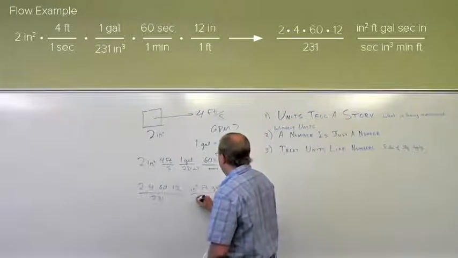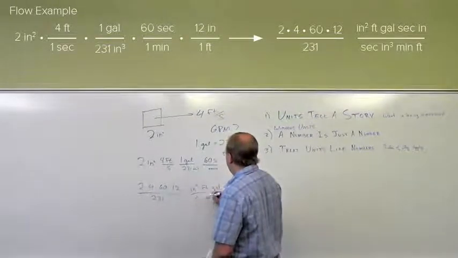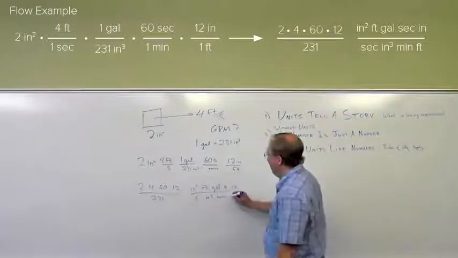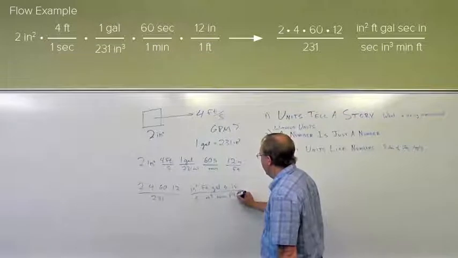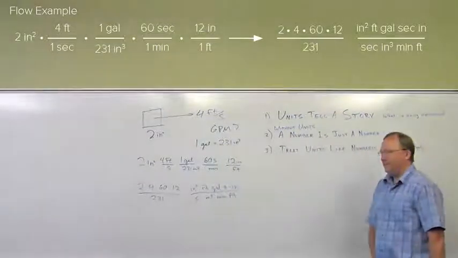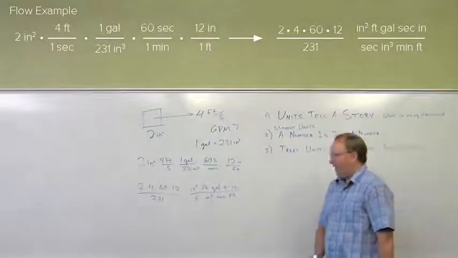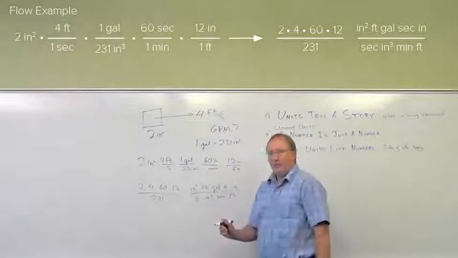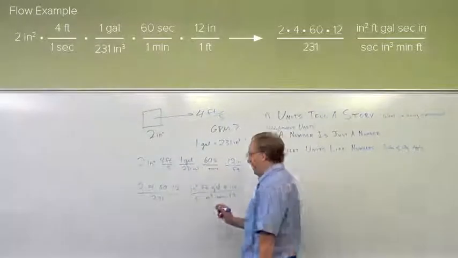And I've got seconds, inches cubed, minutes, and feet in the denominator. So now I have to simplify this. So let's just get rid of what we can get rid of, and then we'll multiply what we can.